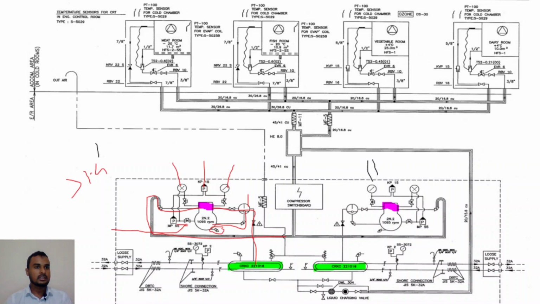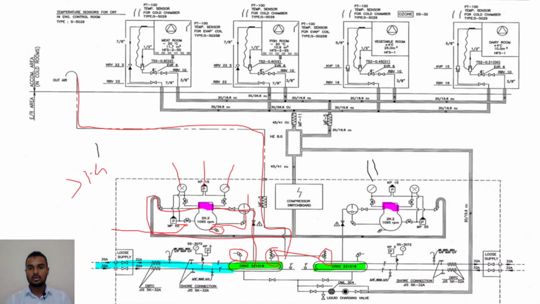The condenser condenses the refrigerant by seawater, not directly actually. It condenses the refrigerant by fresh water. Here we see the purging cock of the condenser, and these two valves are safety valves, both of which are connected to the atmosphere line.